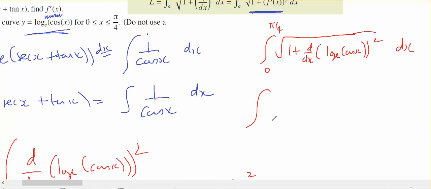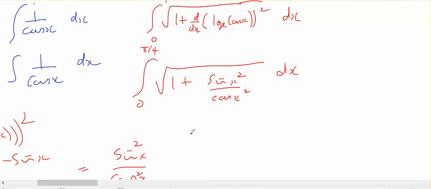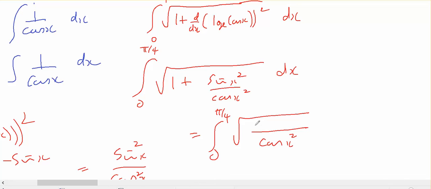So I'm looking for the integral of the square root of 1 plus sine of x squared on cos of x squared dx from 0 to pi on 4, which equals the integral from 0 to pi on 4, the square root of, putting them all on top of the cos of x squared, cos squared plus sine of x squared dx.